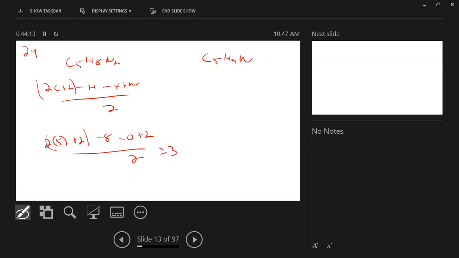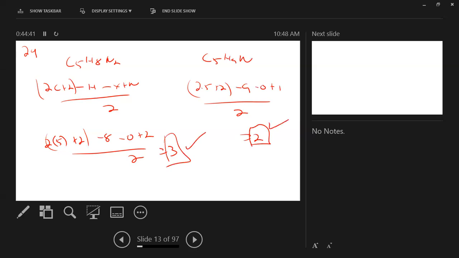And then on this one, 2 times 5 plus 2, minus 9, minus 0, plus 1, over 2. This is 12, 3, 4, 2. You don't really need a calculator. We got 3 and 2. We got the right answers. And that's it.